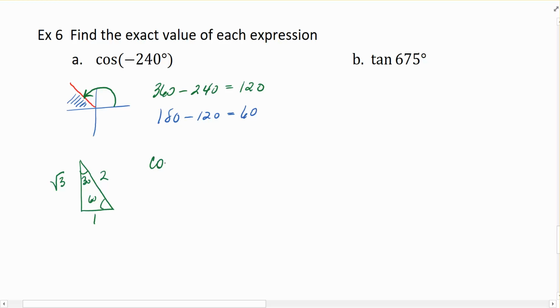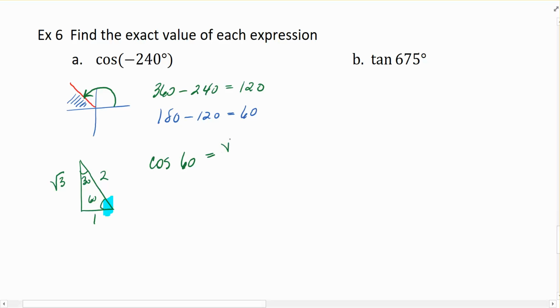The cosine of 60 degrees is going to be, if this is the angle that we're looking at here, cosine is adjacent over hypotenuse, so that would be the square root of 3 over 2.